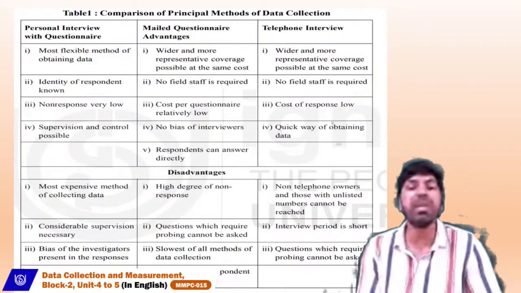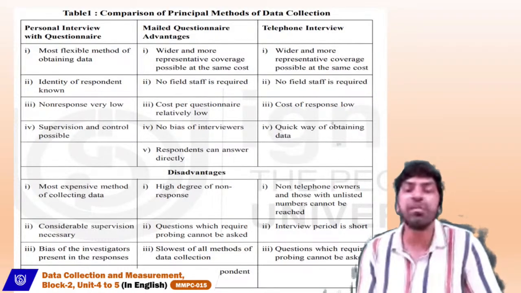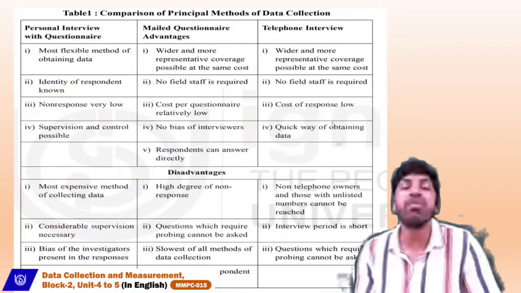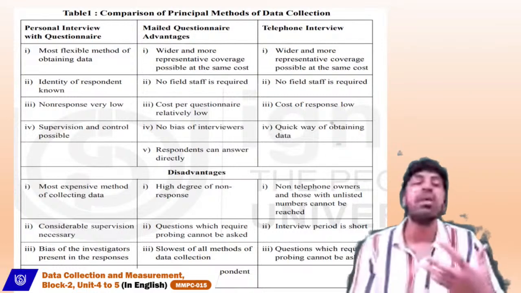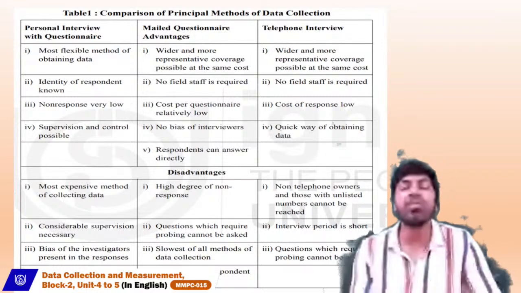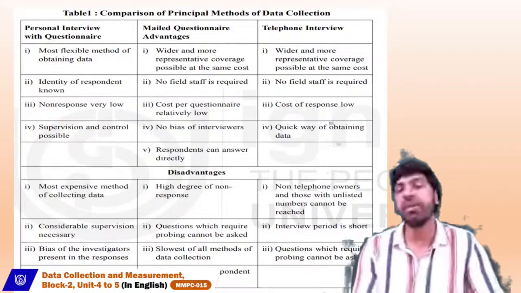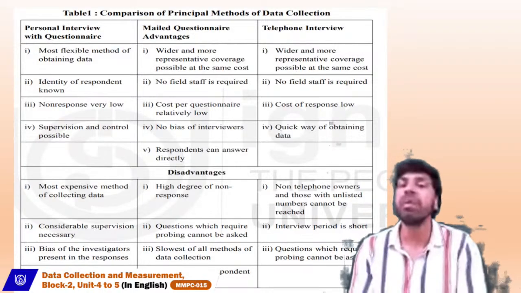Next one is the telephonic interview. Non-telephonic households may not be reached, because somehow the telephone numbers are not working. The researchers may not be able to reach the right candidate with this particular method. The interview period is short.